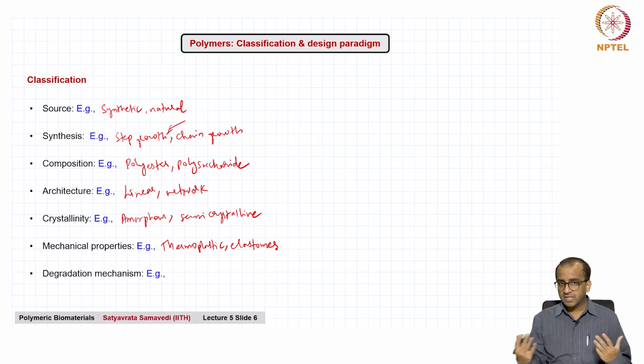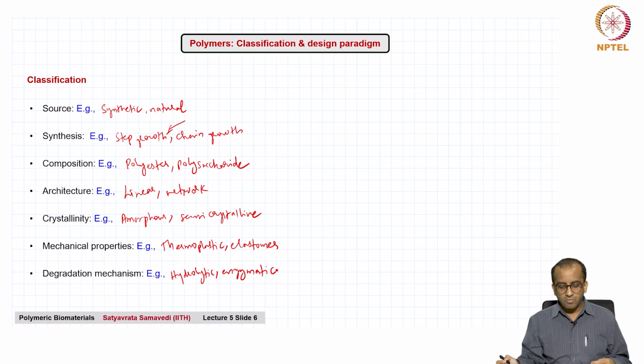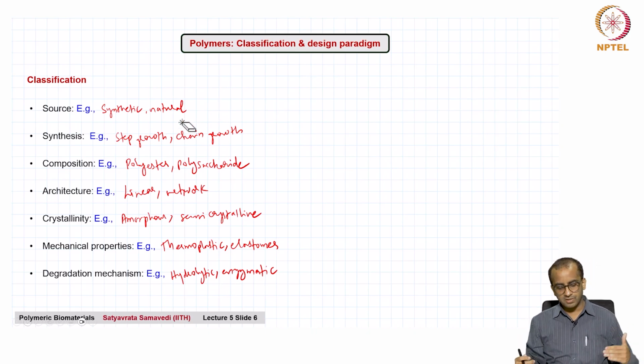And then if you think of degradation mechanisms, you can have hydrolytic, enzymatic, and so on. What I want to emphasize here is that this classification is by no means exhaustive, and the examples given are only a few under each. You can have more types of degradation.